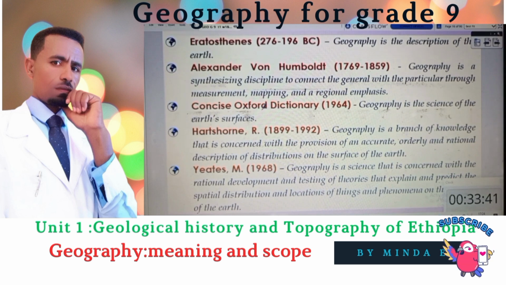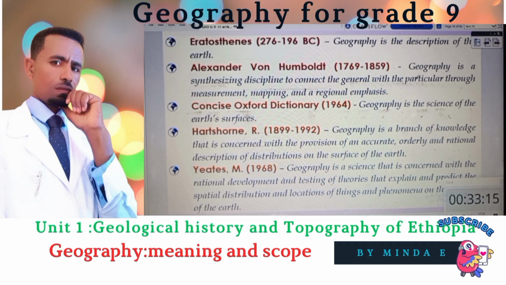The first man who defined geography was Eratosthenes, and for Eratosthenes, geography is description of the Earth's surface. Another man who defined geography was Alexander von Humboldt.